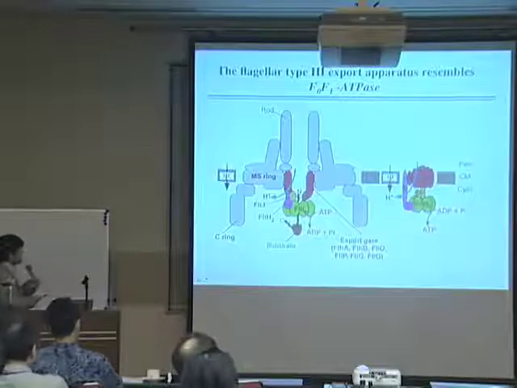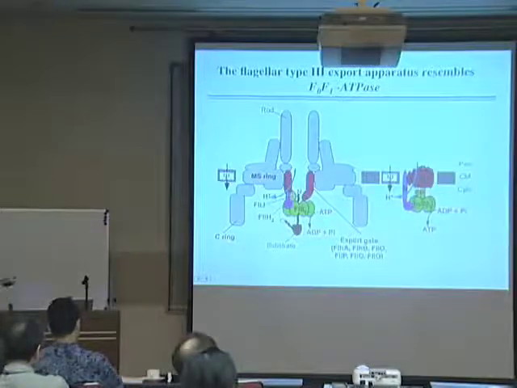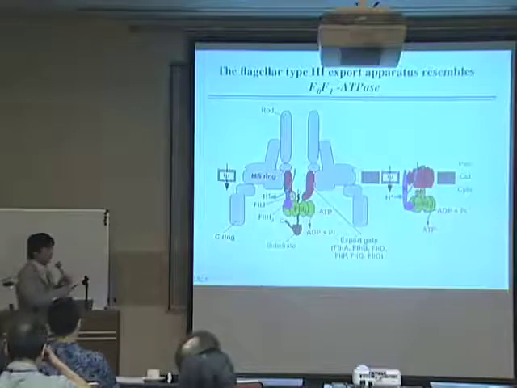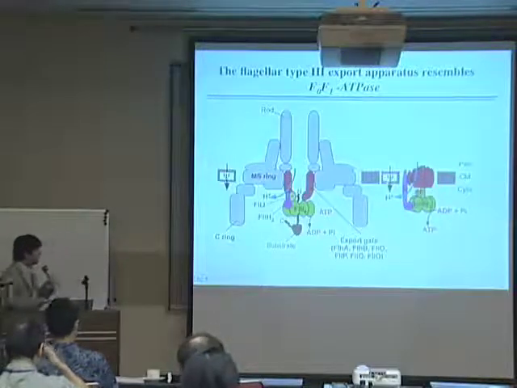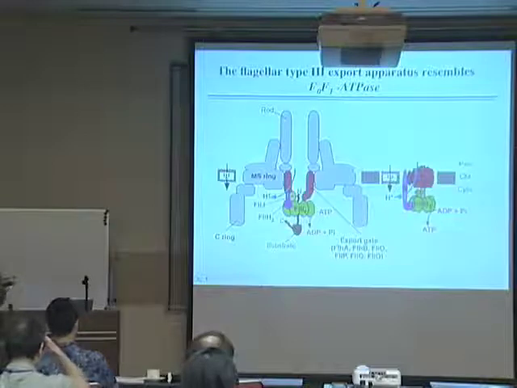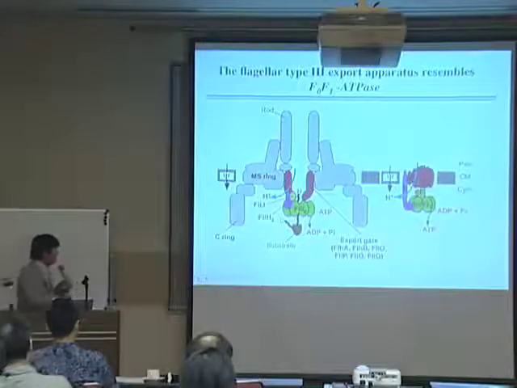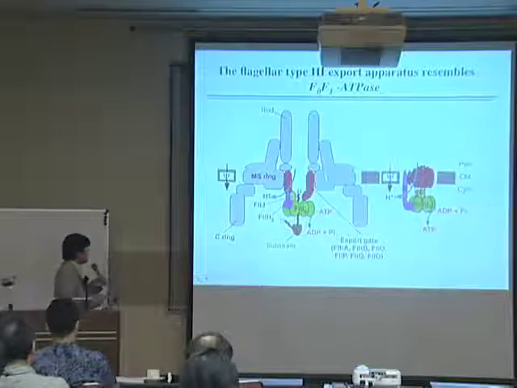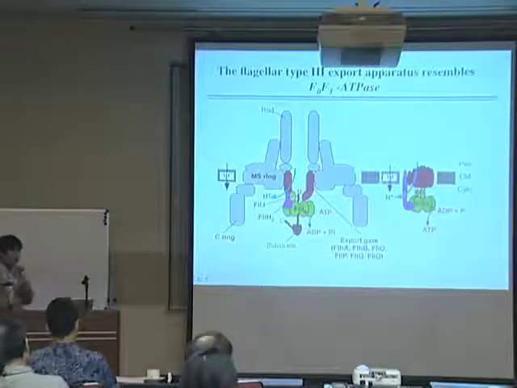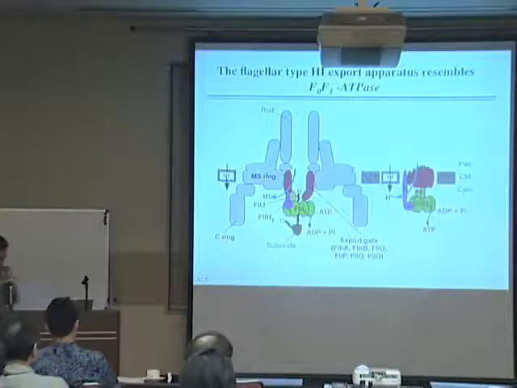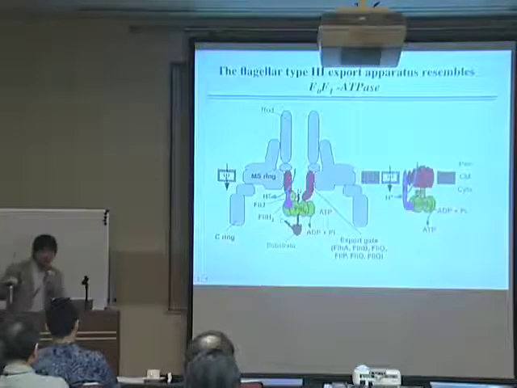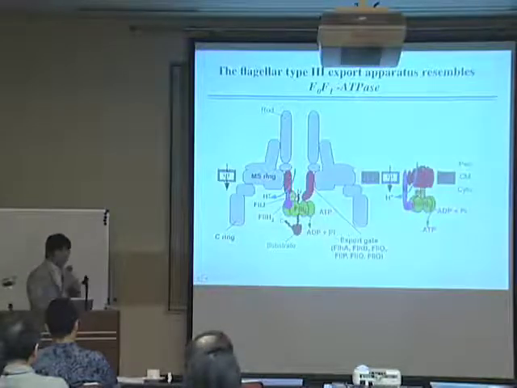We don't know how this motion causes protein export. But the structure strongly suggests that this amazing molecular machine, the flagellum, probably partly evolved from this very basic, different-looking molecular machine.